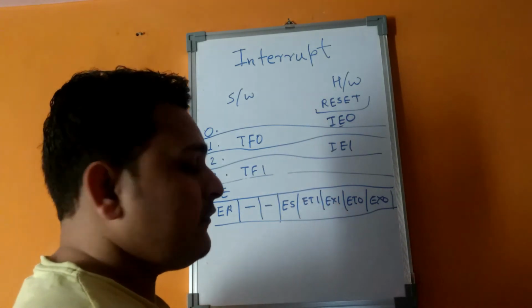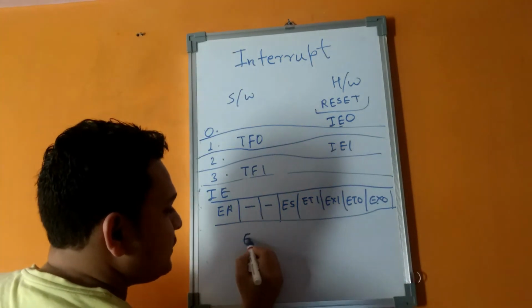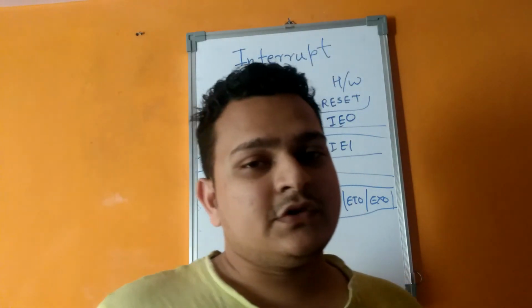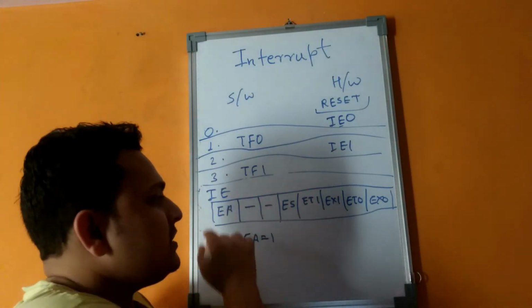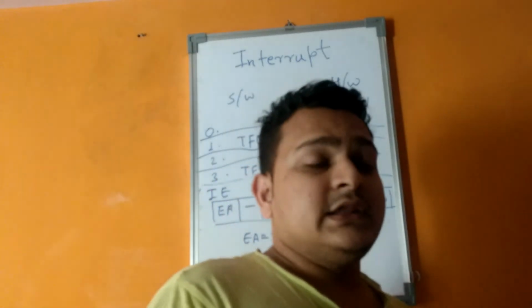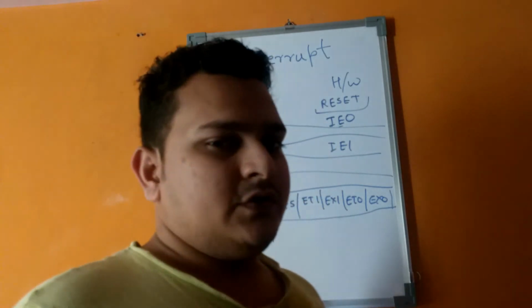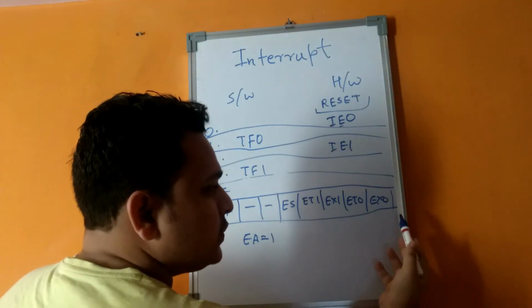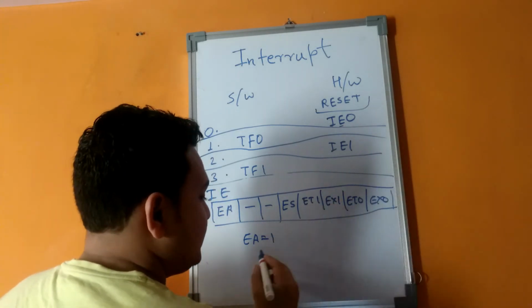So suppose I want to enable any interrupt, so first of all I will do EA equals 1. If you want to enable any of the interrupts, first of all you have to make EA 1. It will tell the compiler that we are using an interrupt. Which interrupt we don't know, but we are using an interrupt. After that, the interrupt you want to use, you can make 1. Suppose I want to use ET0, this is timer 0.